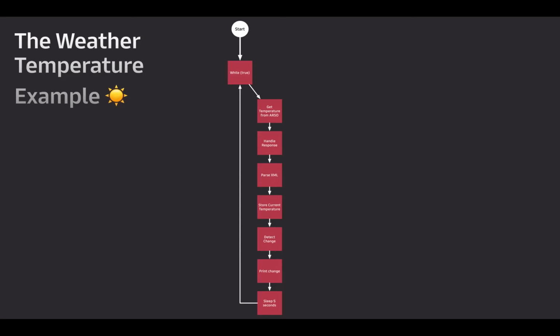Then we need to handle the response from that web service. Then we parse XML. Then we store the current temperature. Then we detect if the current temperature is different from the previous temperature, and then we compute if something has changed. If I would describe this problem to you, you would instantly know how to do it in any kind of programming language.